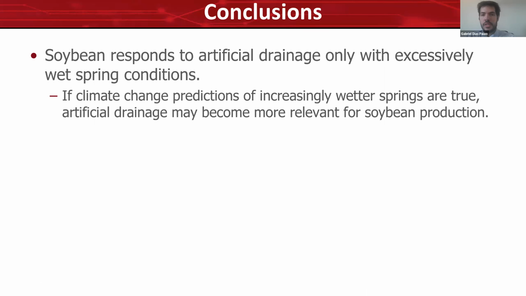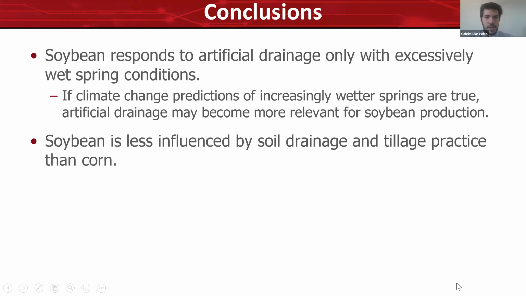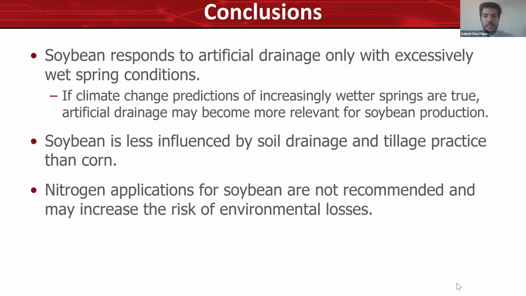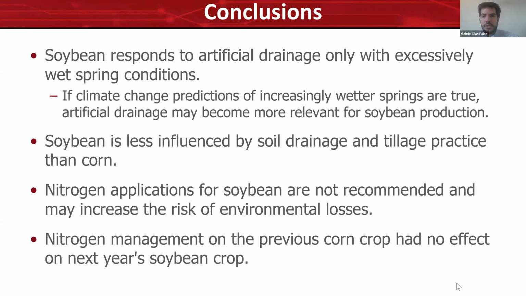If climate change predictions of increasingly wetter springs are true, artificial drainage may become more relevant for soybean production. And also soybean is less influenced by soil drainage and tillage practice than corn. And nitrogen applications for soybeans are not recommended, either as direct nitrogen applications or as corn residual nitrogen application.